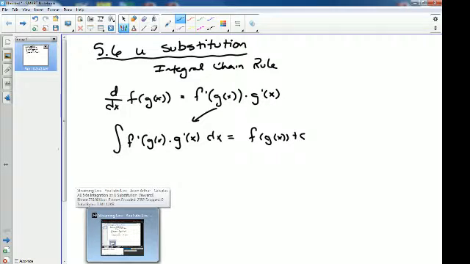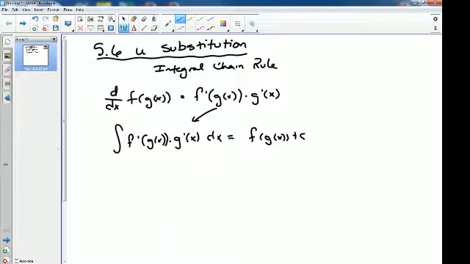We get there with something called U substitution, right? So the key here is being able to recognize that there's a derivative in here, g and g prime, right? So this is the key, recognizing that relationship is involved.